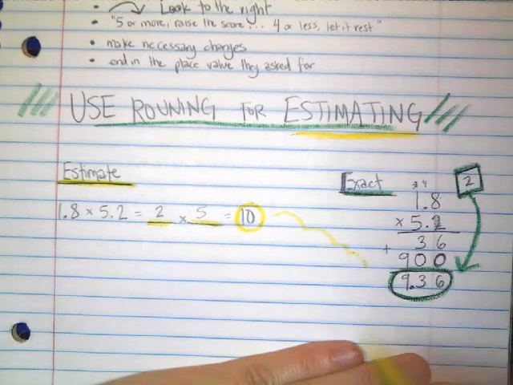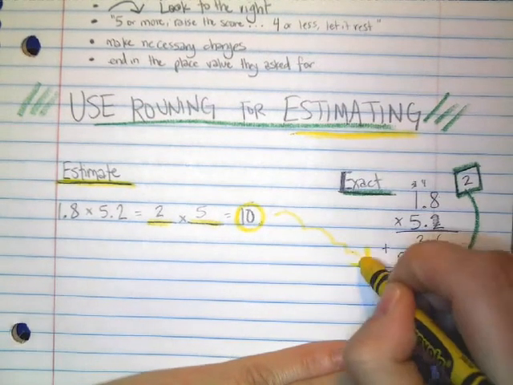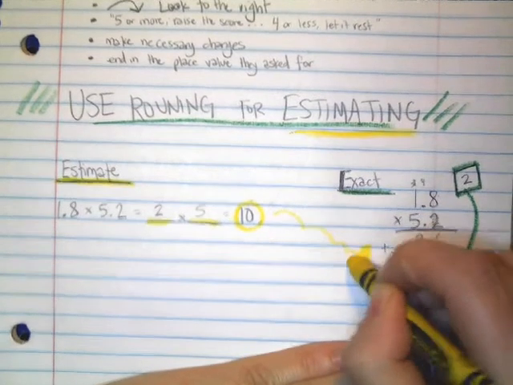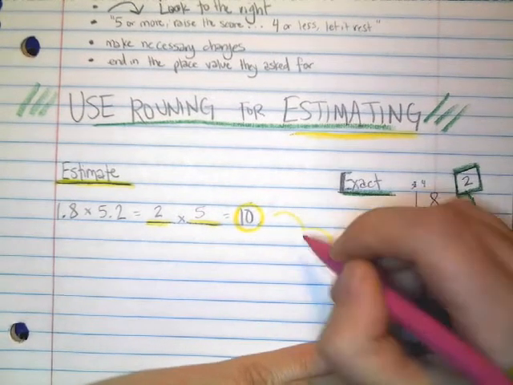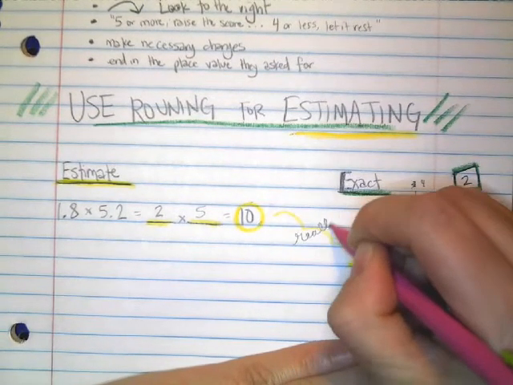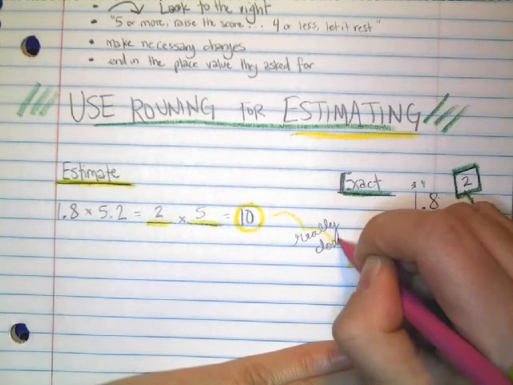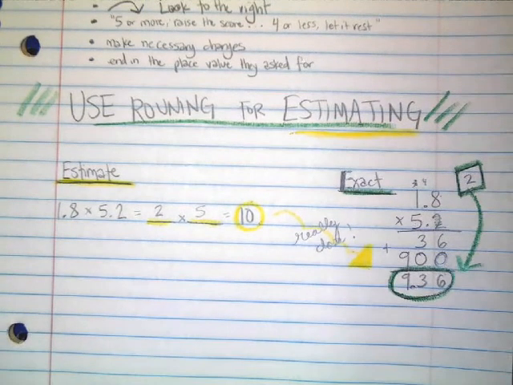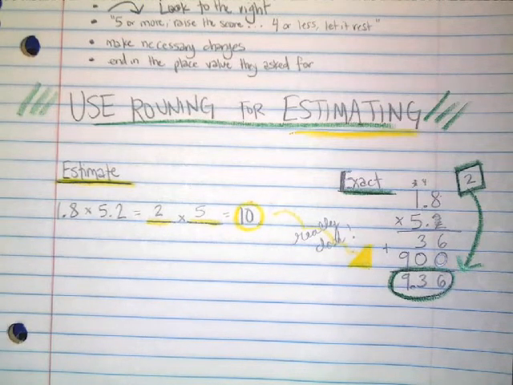And 9.36 is really close to 10. So I did a little yellow arrow. I'm going to write really close. So that proves to me that my answer is probably right because I have an estimate that's really close to that. So that's what we do with rounding, is we use it to estimate, to make sure that what we're doing is correct.